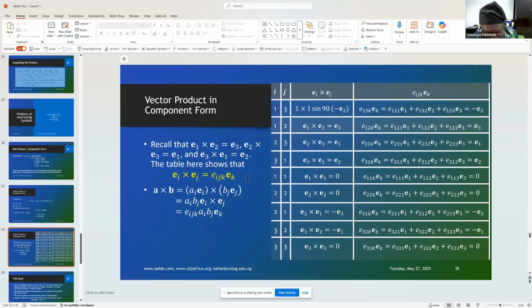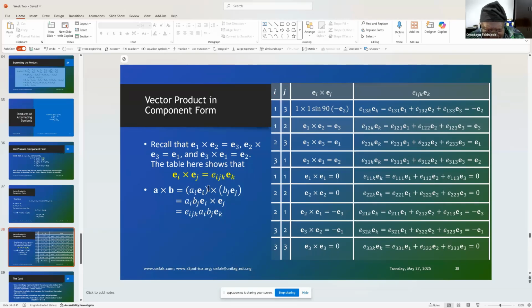From that point on, after using this table to prove it, if you now have any two arbitrary vectors, you have a_i e_i cross b_j e_j, take all the scalars out of it, a_i b_j out there. What you have left is e_i cross e_j.